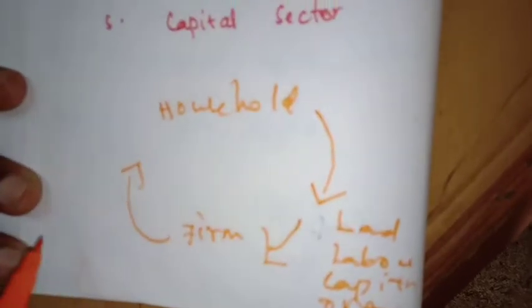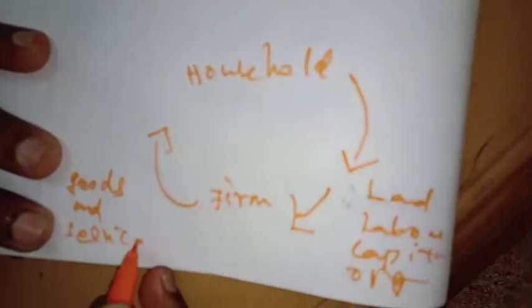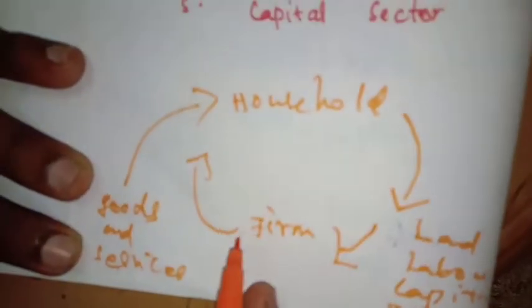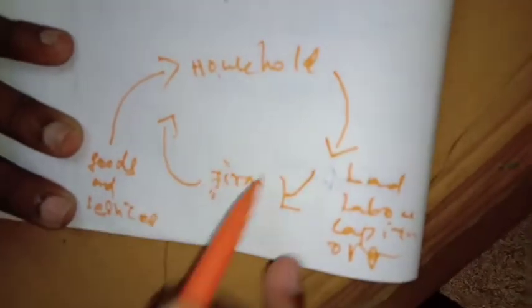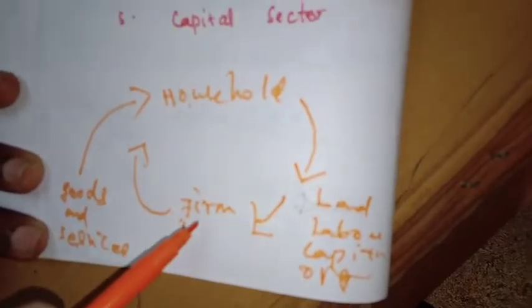And the firm produces goods and services, and provides goods and services to the household, and the household gets the wages, coolie, salary from the firm. So this is known as the circular flow of money between the two groups, that is household and firms.